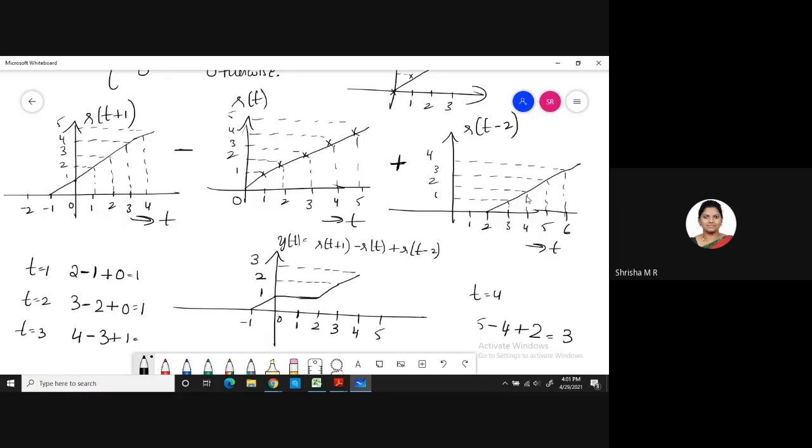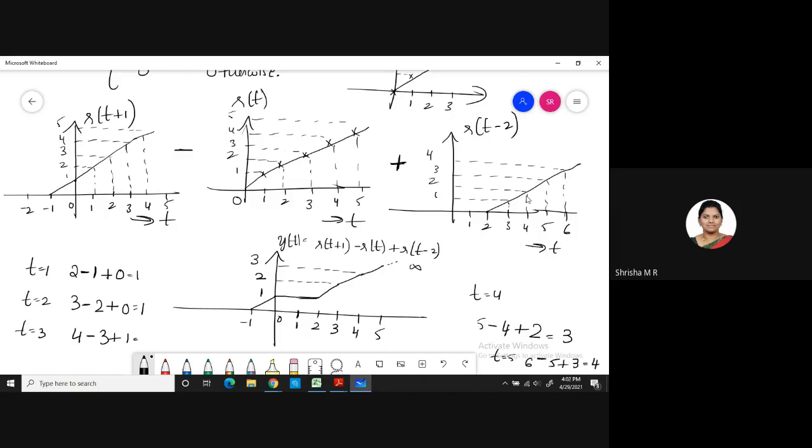And at 5, we'll evaluate. At t is equal to 5, in the first signal you have amplitude 6, in the second signal 5, and in the third signal 3, so 6 minus 5 plus 3. What do you get? 4. So this signal will go on up to infinity.